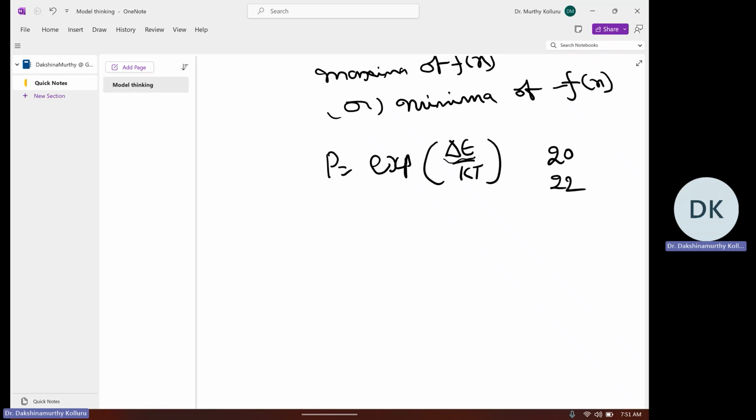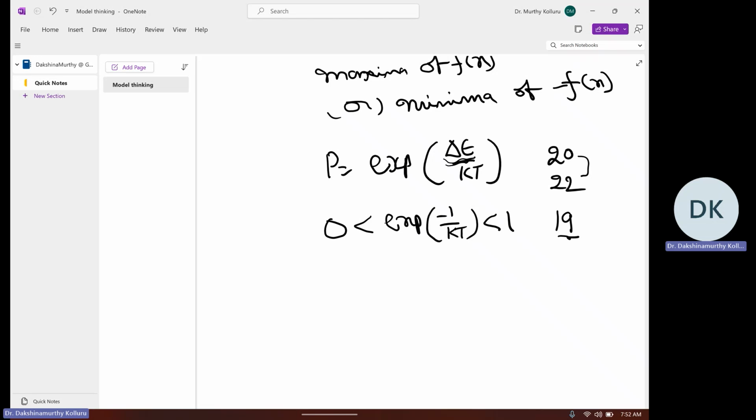This becomes a positive value, and this whole thing then is a positive value, so always this is accepted. When it becomes a 19, 19 minus 20, this becomes a negative value and between 0 and 1. So I accept this with a probability.